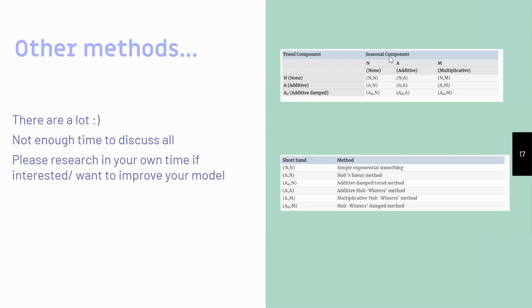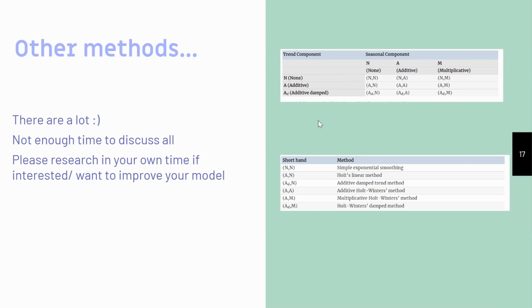So something would have an additive seasonal component but no trend component, or a multiplicative seasonal component and an additive trend component. You can make a lot of combinations. And obviously, like I said, there's not enough time to discuss all of them and how you would use one over the other in one case.